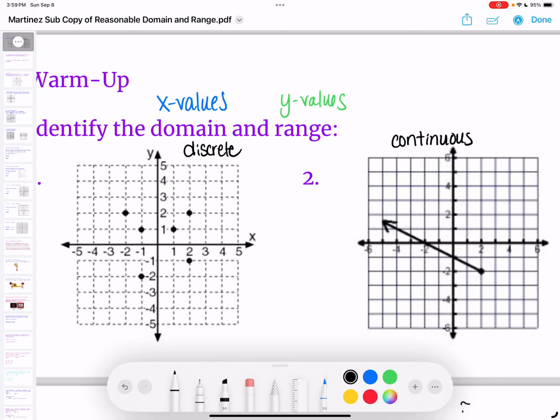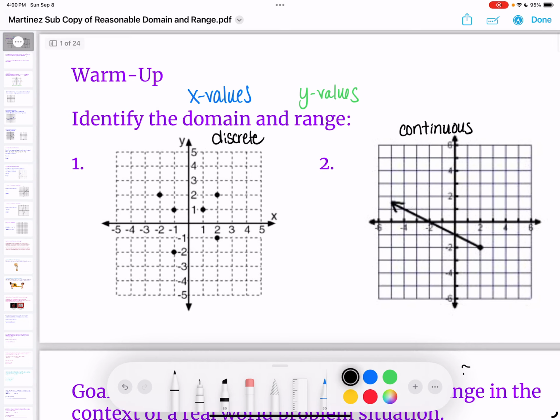And so when I'm looking at the domain, what I want to do is put the domain in brackets, okay? So, remember, we want to look at every single one and go down. So I have -2, -1. -1 is twice, but remember, there's no duplications. 1, 2.